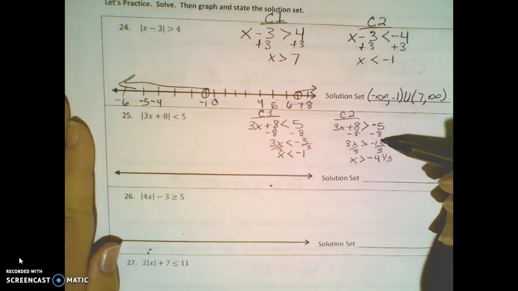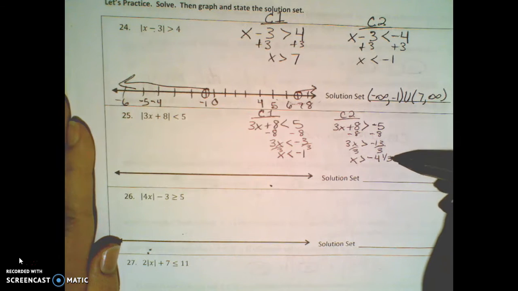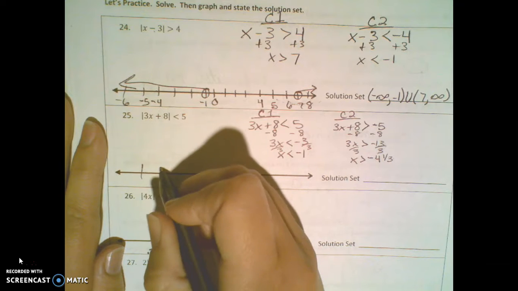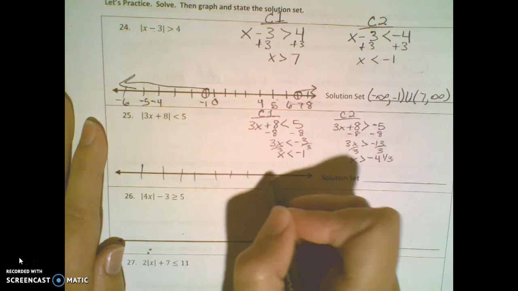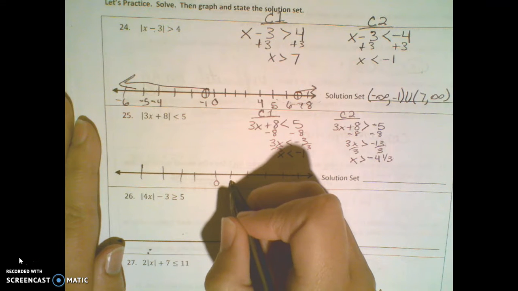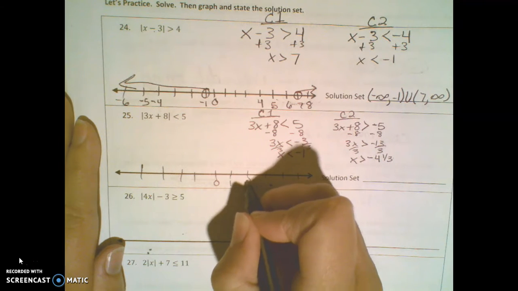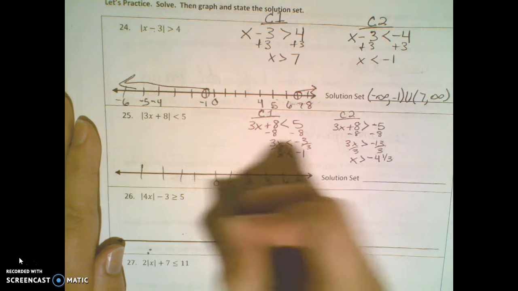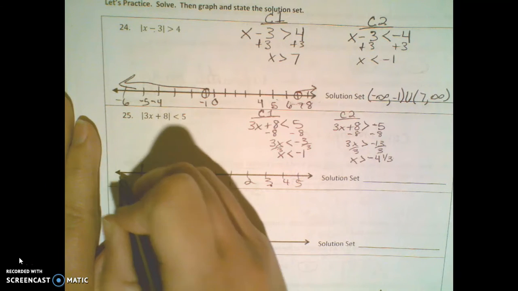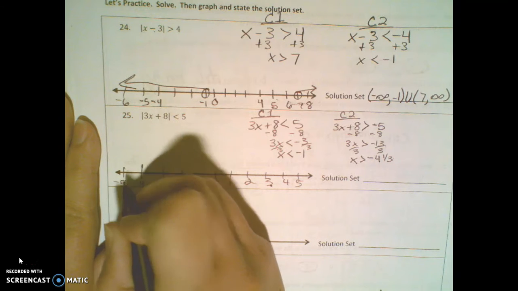And it's okay with me if you leave it as an improper fraction, but when I graph it, I need to think about it as a mixed number to figure out where it's going on my number line here. So I'm going to give myself some tick marks. 0, 1, 2, 3, 4, 5, negative 1, negative 2, negative 3, negative 4, negative 5.